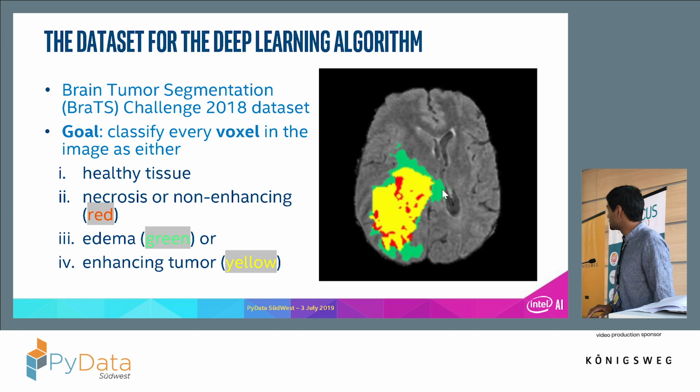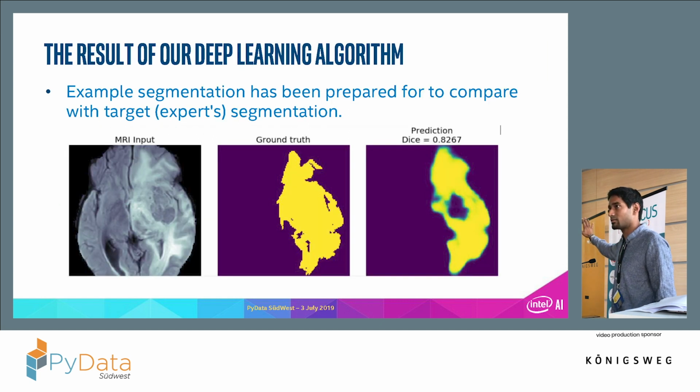So the result is a summary. That's my summary slide of what I did. The MRI input was what the machine gave us. That's one slice. And the middle part is what a real doctor, a human, has labeled: he looked at that MRI input and labeled the cancer areas. That's what we call the ground truth.